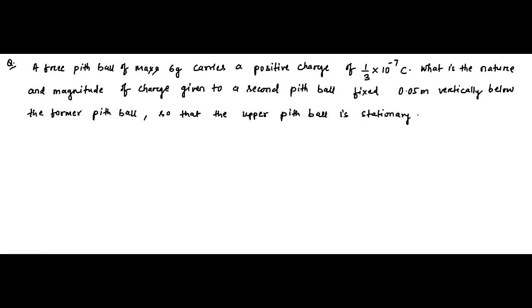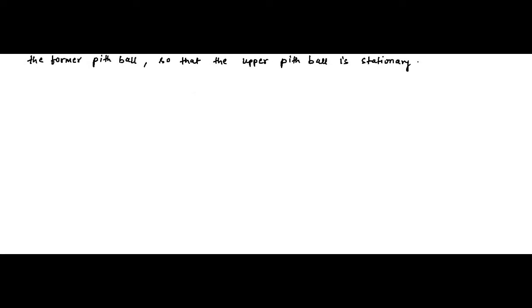What is the nature and magnitude of charge given to a second pith ball fixed 0.05 meter vertically below the first pith ball so that the upper pith ball is stationary? Okay, so this is the question. Now let us try to convert it into the form of a figure, a diagram.